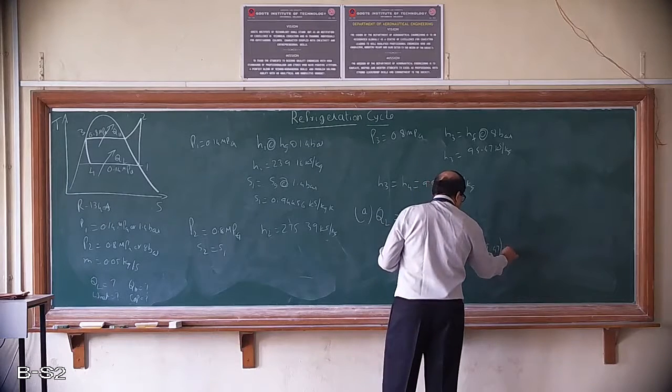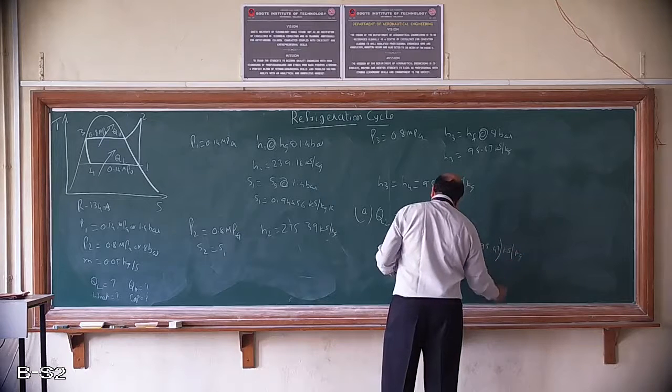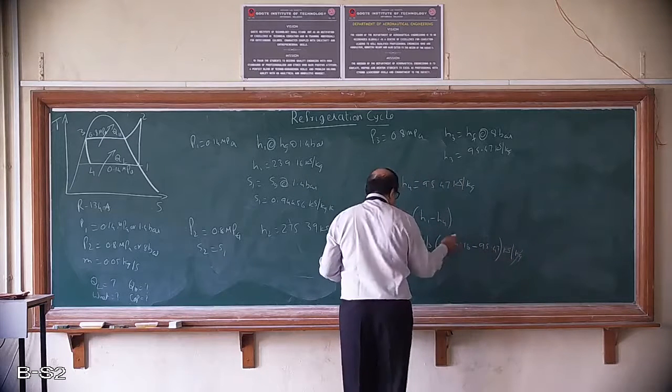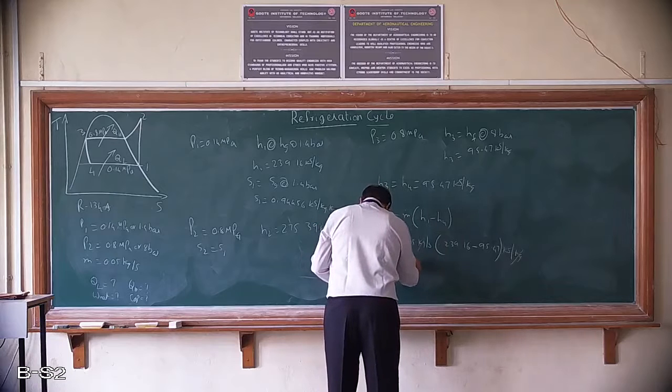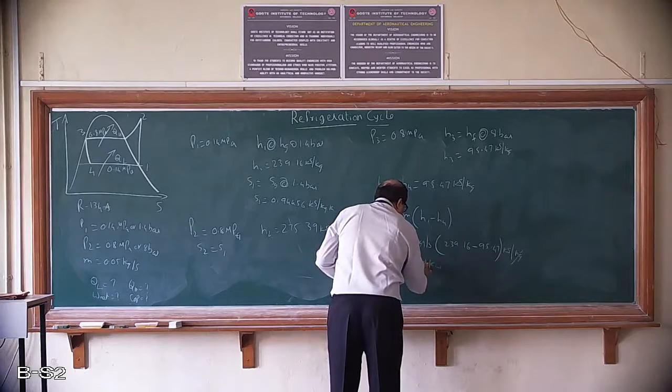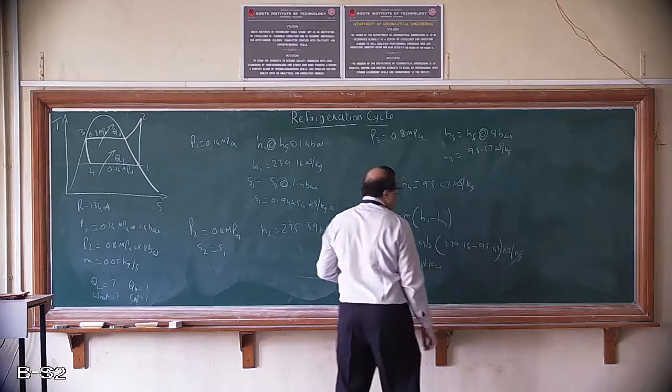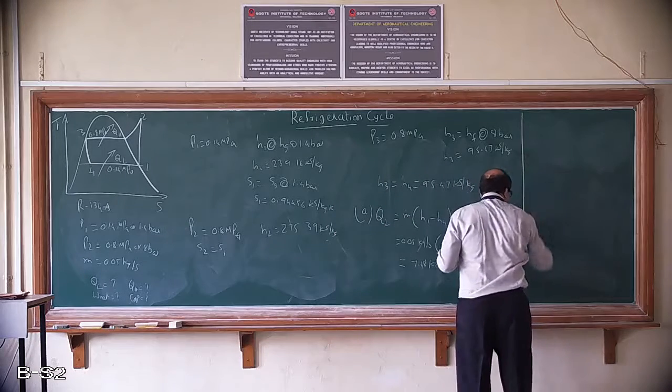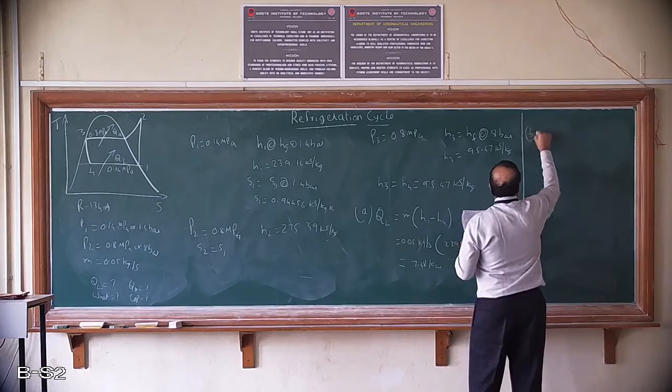This is in kilojoules per kg. So kg gets cancelled, what remains is kilojoules per second. So we get this as 7.18 kilowatts. 7.18 kilowatts.